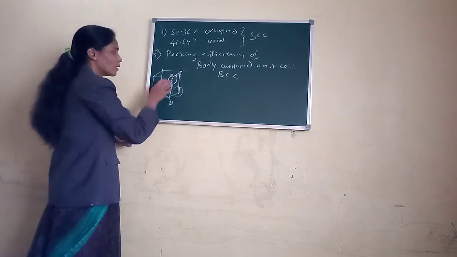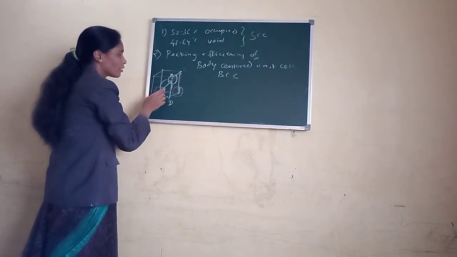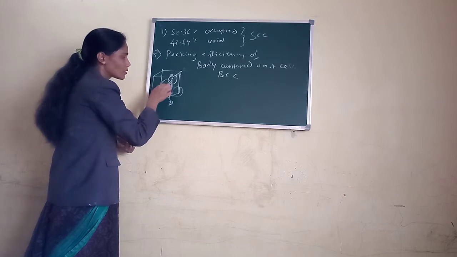Body centered unit cell means 8 corners having 8 particles and 1 particle at the body center.